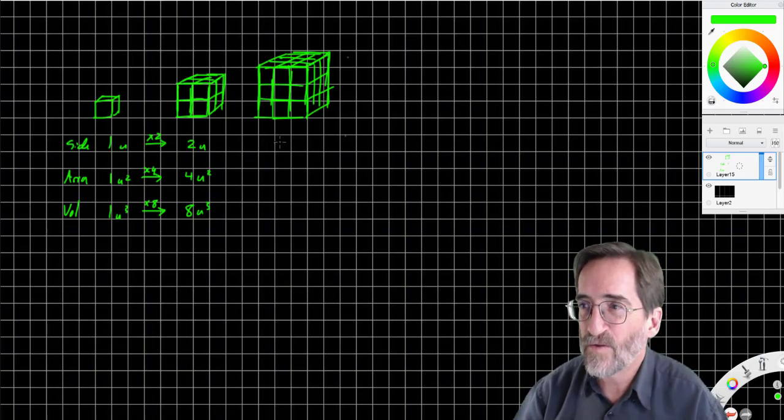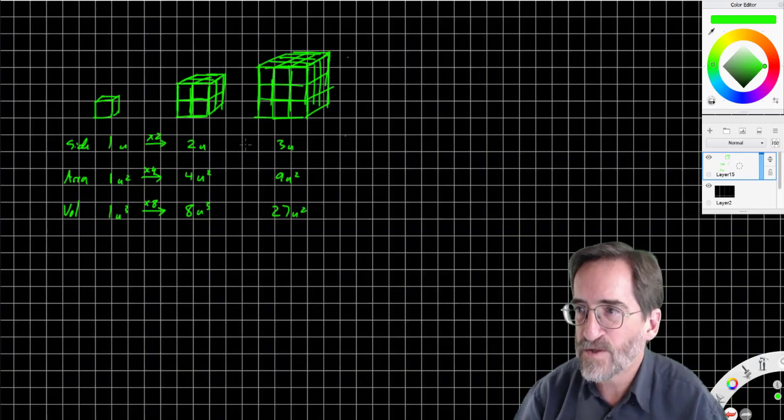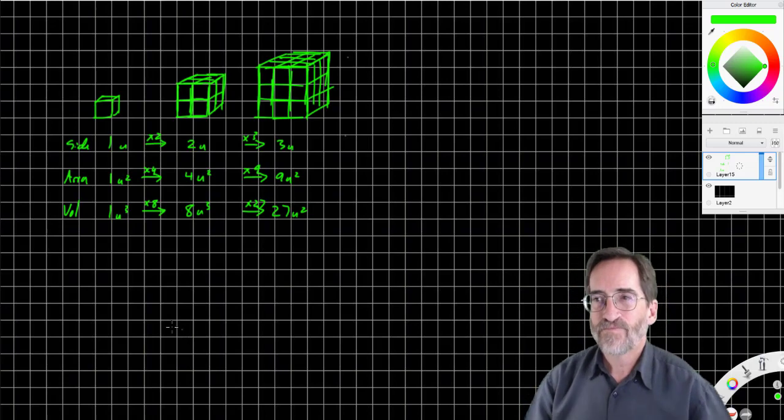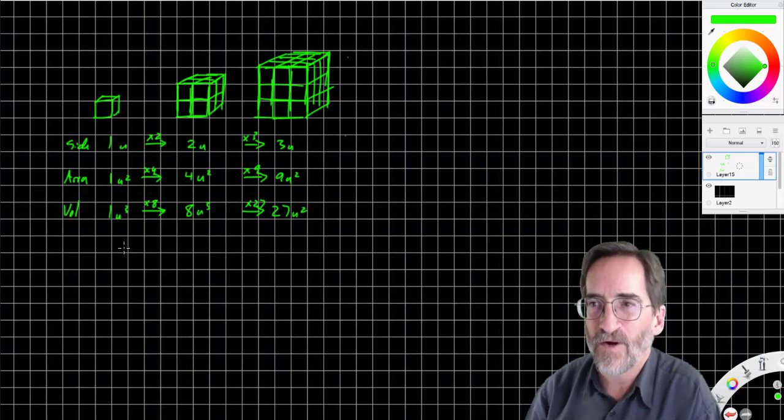So the dimensions are 3 times what they were, and the area is 9 times what it was, and the volume is 27 times what it was. So we multiplied the side by 3, but we multiplied the area by 9, and the volume by 27. Where do these numbers come from?